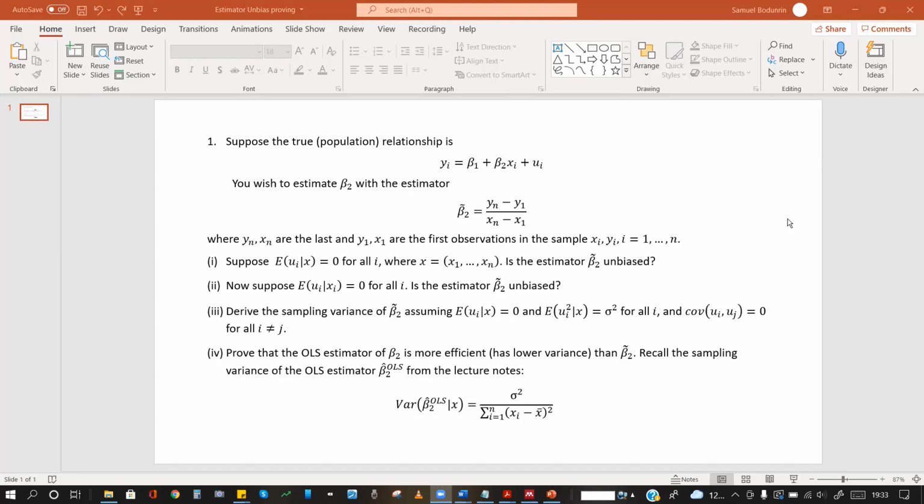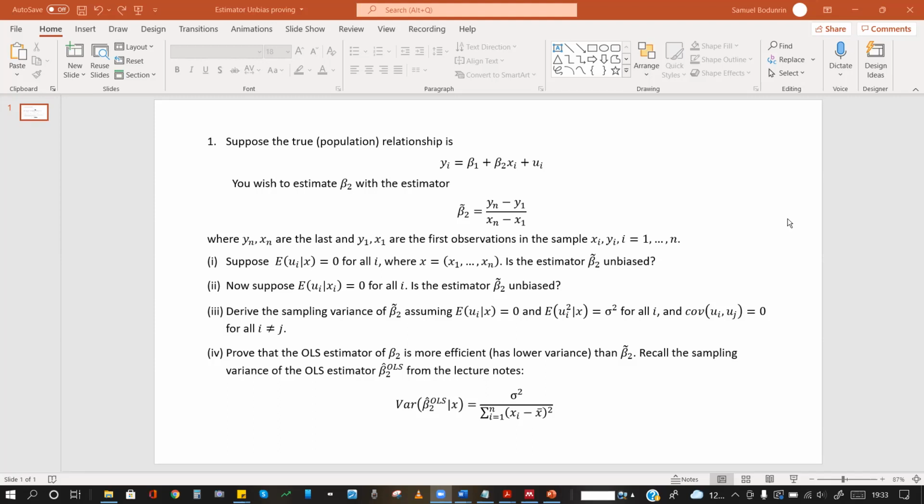So here we have: suppose the true population relationship is yi, with i from 1 to n, equals b1 plus b2 times xi plus ui.